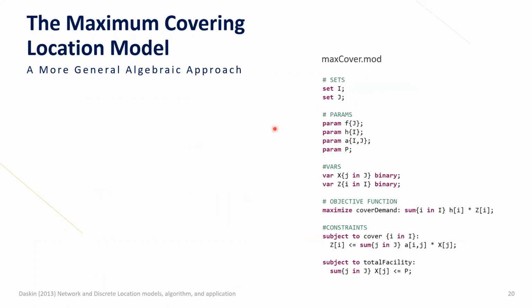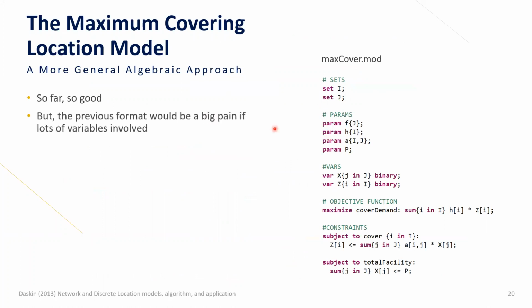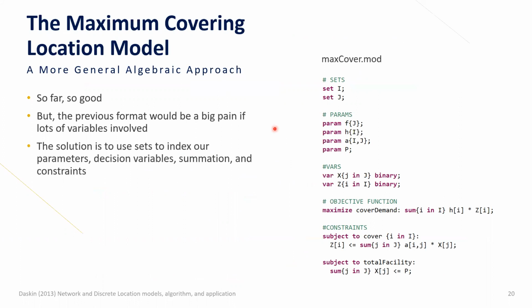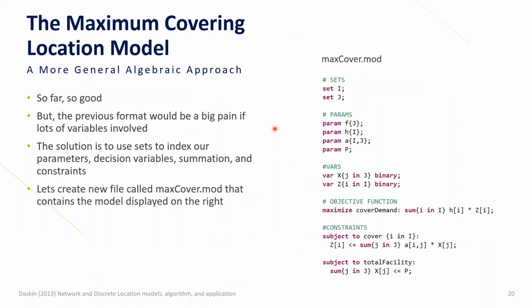The previous format, the expanded one, works, but it will be a big pain if you involve more variables. You need to change the data, and somehow all the model will be changed.